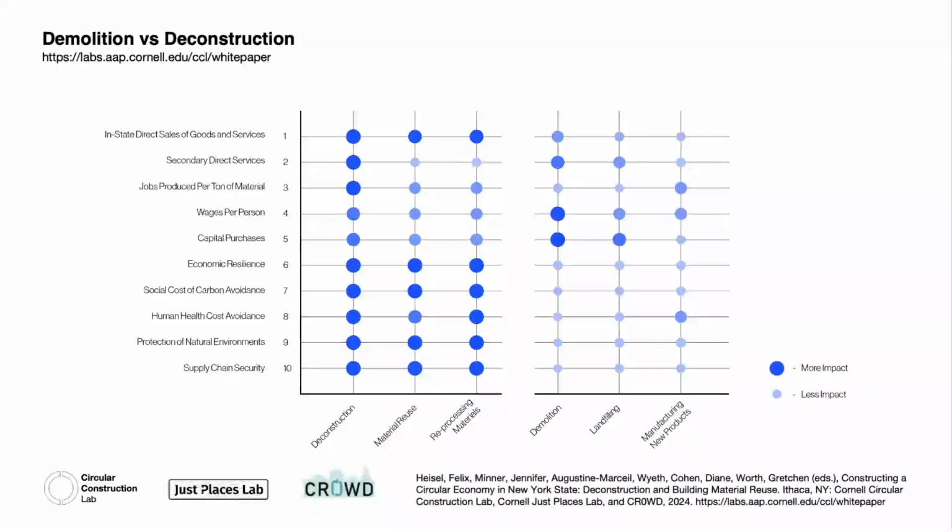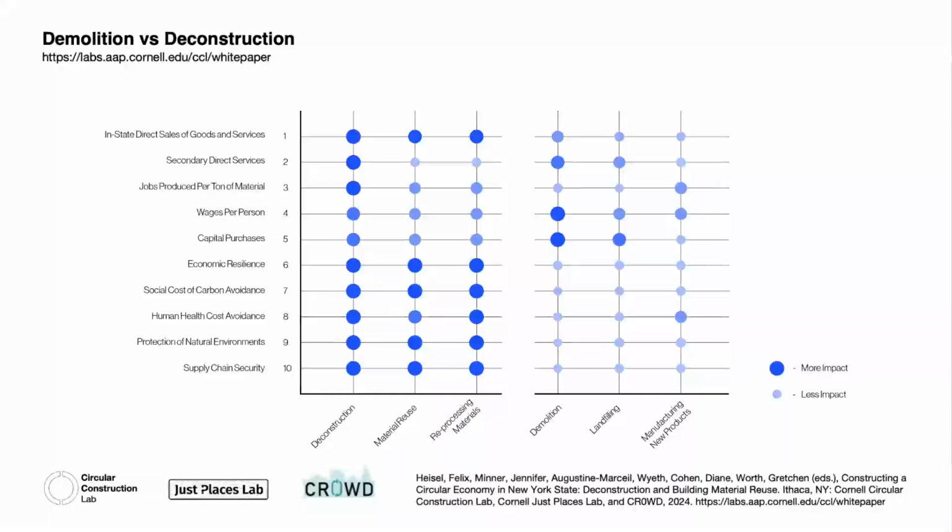Apart from that, if you zoom out even more, then there are another set of benefits that deconstruction can offer over demolition in terms of economic resilience, the wages that are paid per person, the jobs that are produced per ton of material, et cetera, et cetera. What I'm just showing right now are all numbers and slides taken from a recent white paper publication that just came out 2 weeks ago. That was published by the Circular Construction Lab in partnership with the Just Places Lab and CROWD.